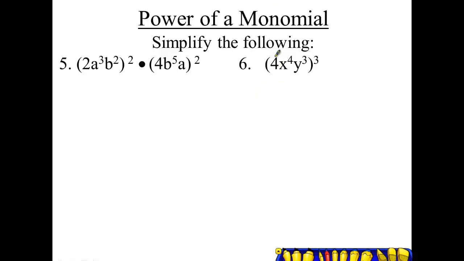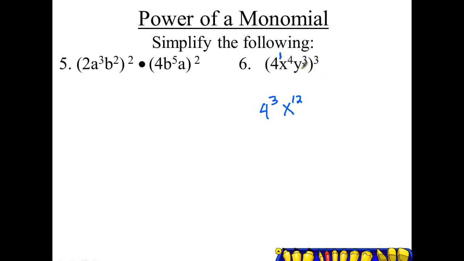Let's solve number 6. Again, the exponent of 4 is 1. You will have 4 raised to 1 raised to 3. Just multiply 1 and 3, you'll get 3. x raised to 4 raised to 3. So power of a power, you multiply 4 and 3, that's 12.